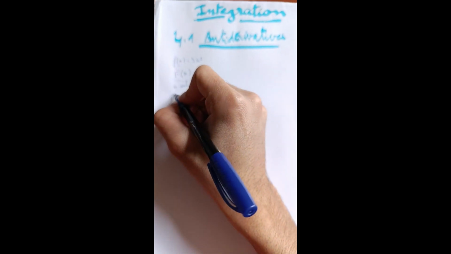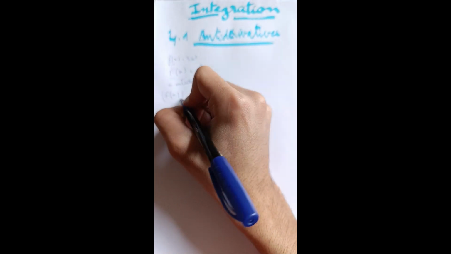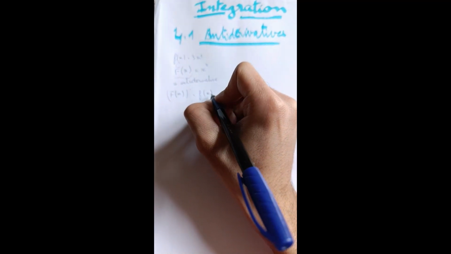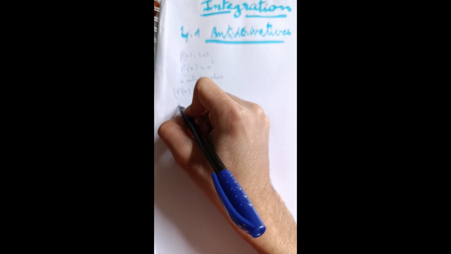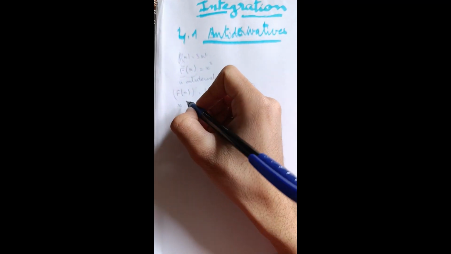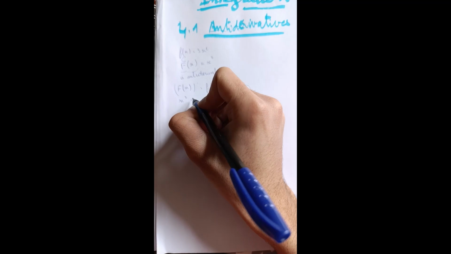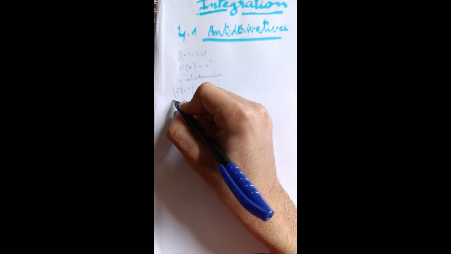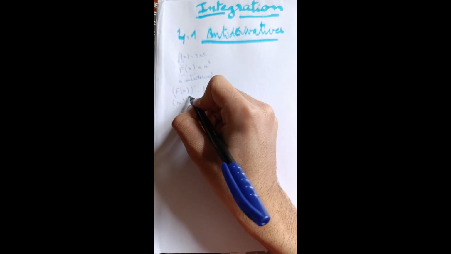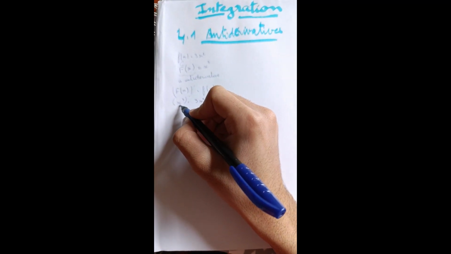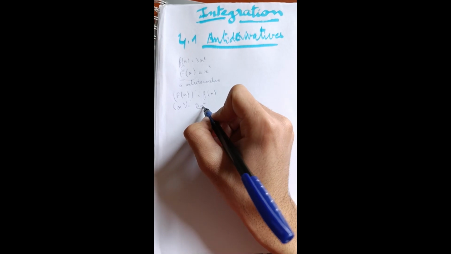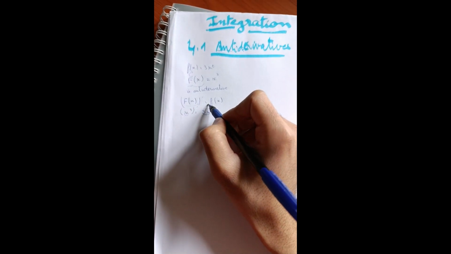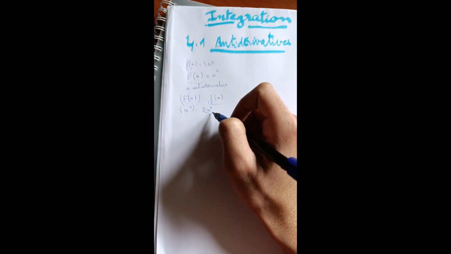So if we do x cubed prime and find 3x squared, then this means that x cubed is an antiderivative of 3x squared, which means that F of x is an antiderivative of small f of x.